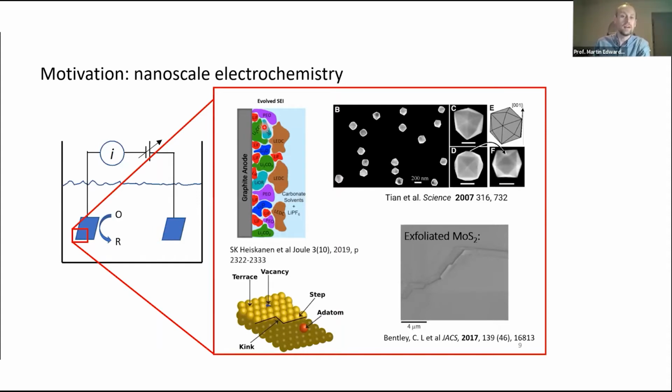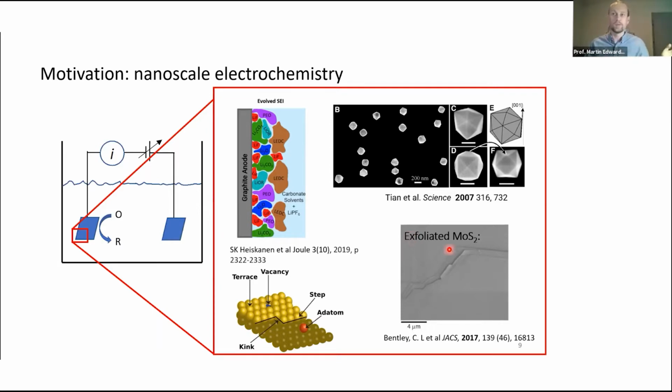This is shamelessly pulled from the literature, but it's a kind of schematic of what an SEI on a battery anode might look like. These are more likely to be used in electrochemical synthesis or fuel cells: nanoparticles on a carbon surface. We can think even a pure electrode has some structure to it in terms of steps and defects.